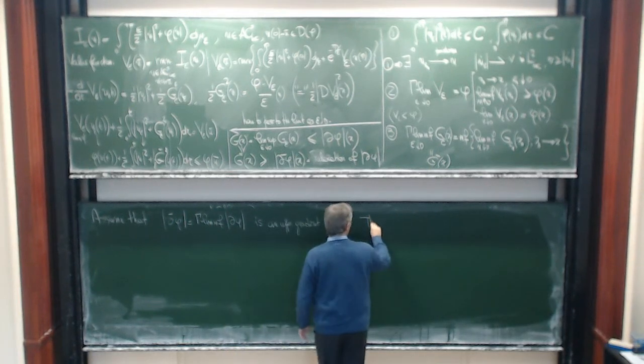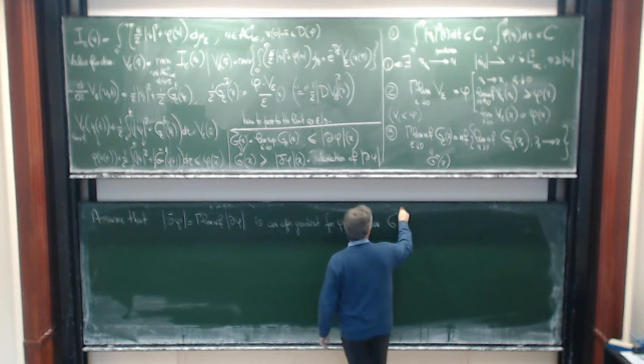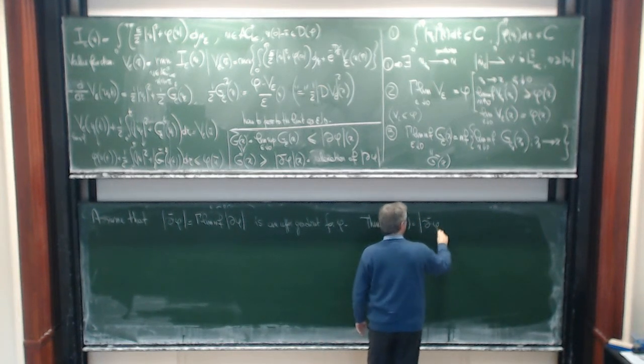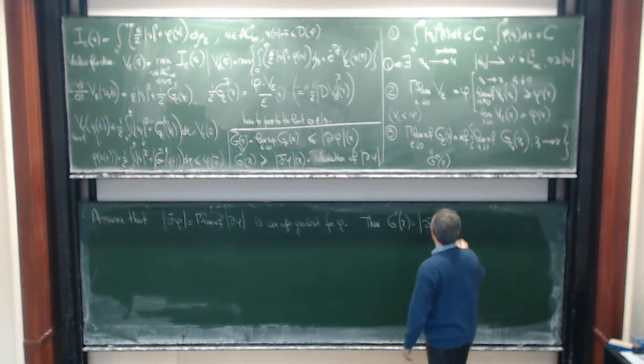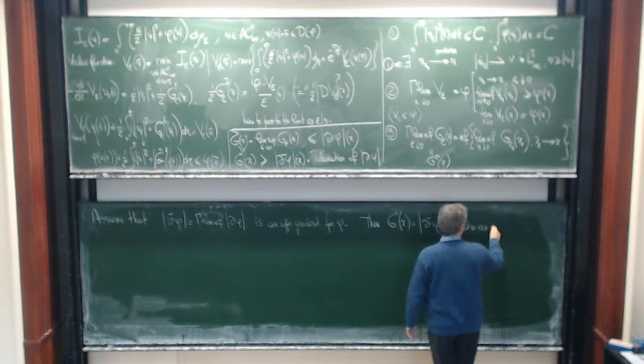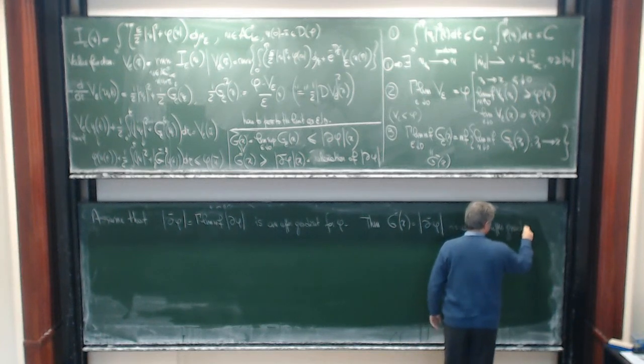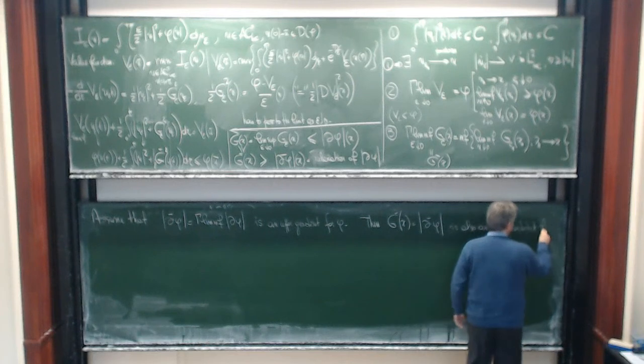Then g minus of x, which coincides with d minus of phi, is also an upper gradient for phi.